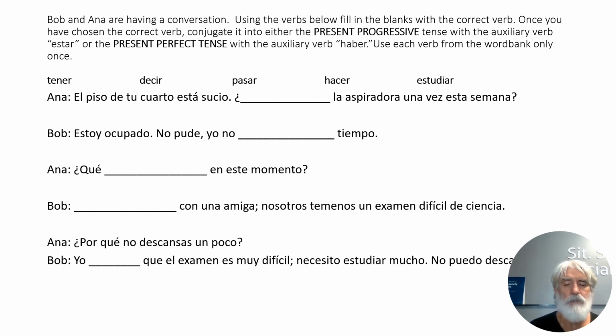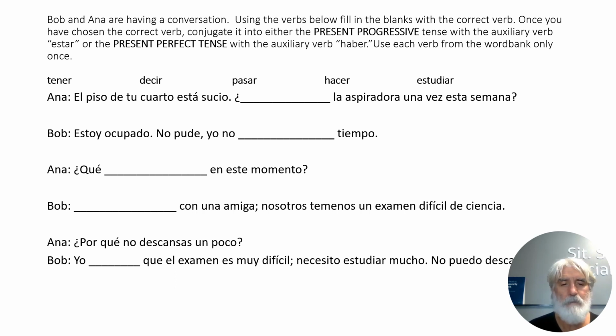That is the -ing form of the verb. Or we may want to use the present perfect tense, and that's going to be using the verb haber. So you conjugate it in the present tense, that's your auxiliary verb, and then the past participle of the verb. You should know how to form these.